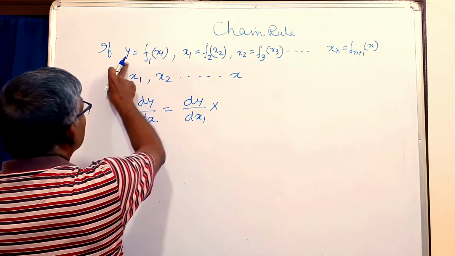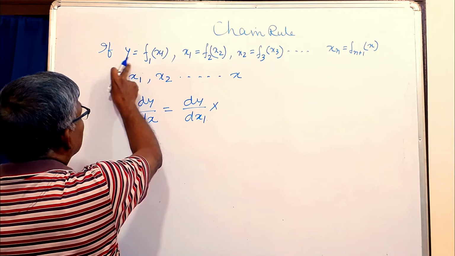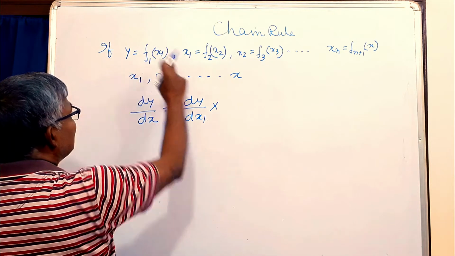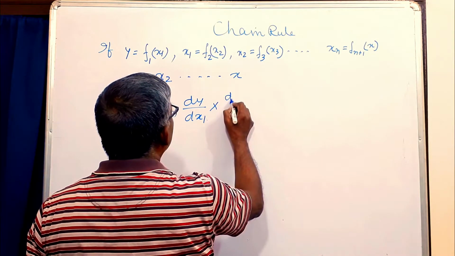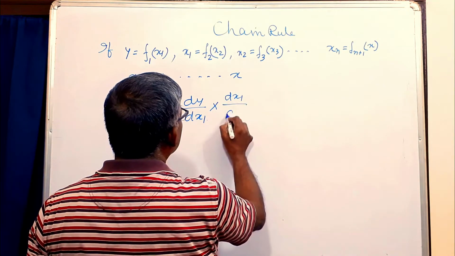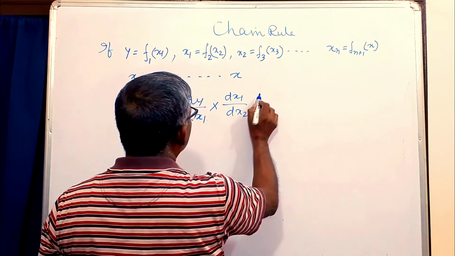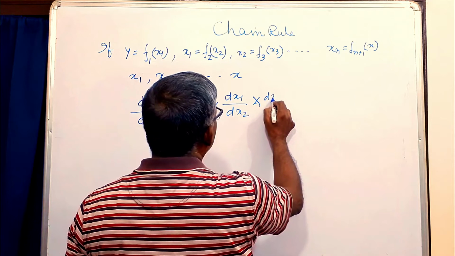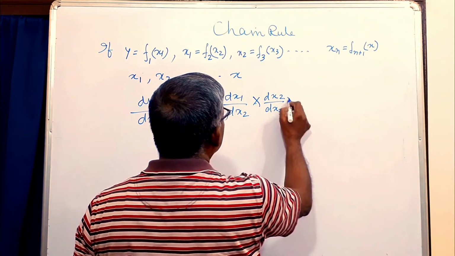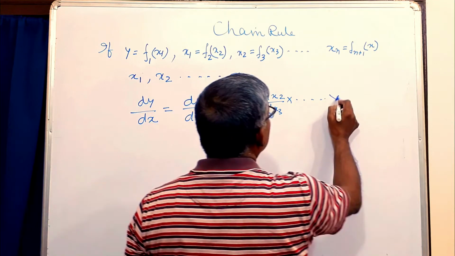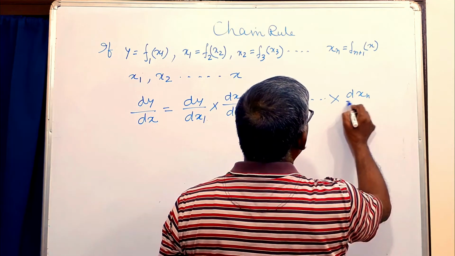Here you see y is a function of x1, so first differentiate y with respect to x1, and x1 is a function of x2, so dx1/dx2, dx2/dx3, up to dxn/dx.